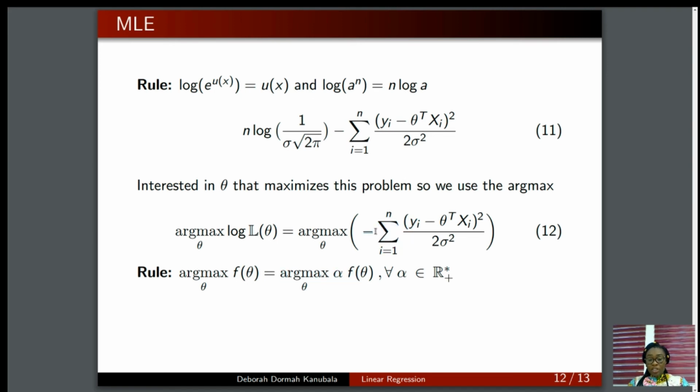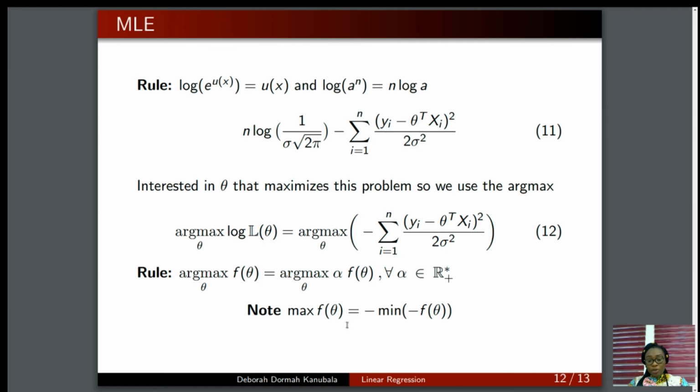When we multiply by sigma squared, we can cancel the sigma squared, leaving this with the negative of 1 over 2 of all of this. But also, the maximum of a function is equal to the negative of the minimum of that function. So we can do away with this negative by minimizing the function, that is, by taking the negative of this, since this is the maximum of it.